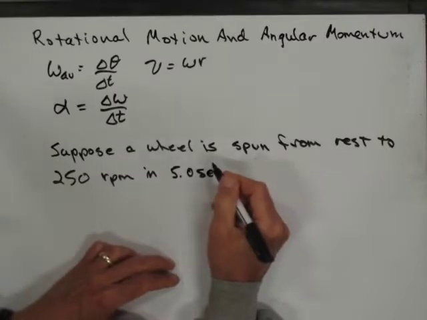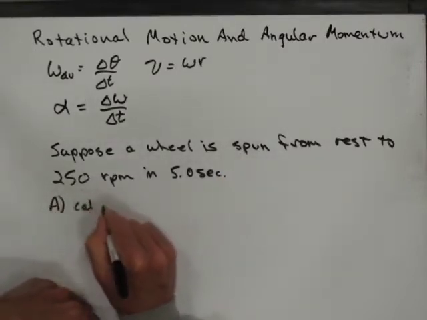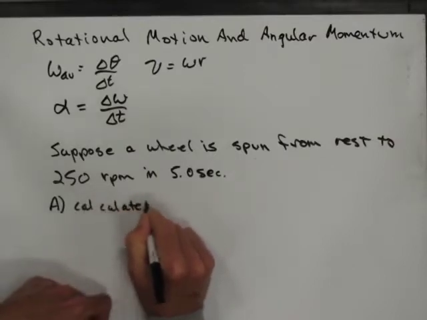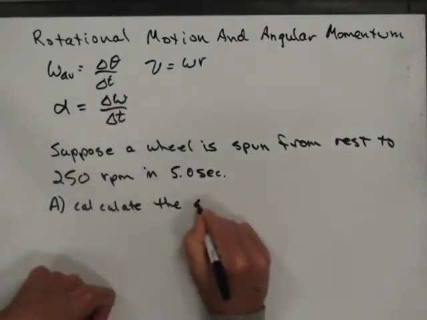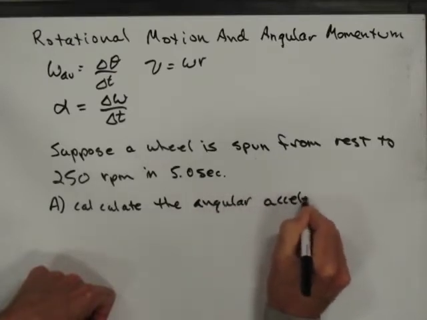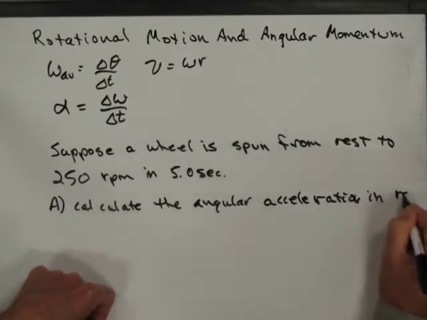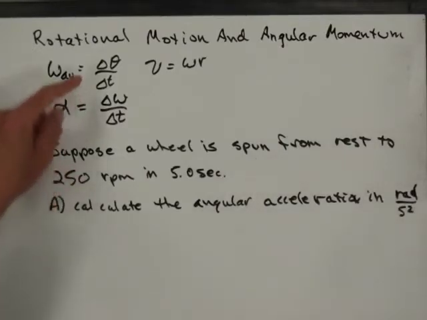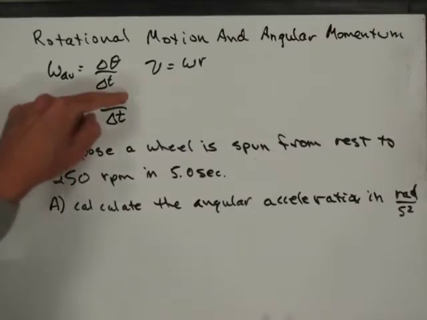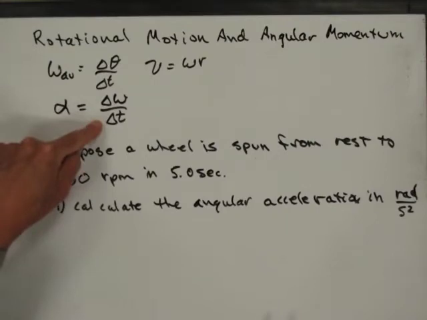So A, calculate the angular acceleration in radians per second squared. You can kind of tell that angular acceleration is going to be in radians per second squared because angular velocity is in radians per second, and then I'm dividing by seconds.